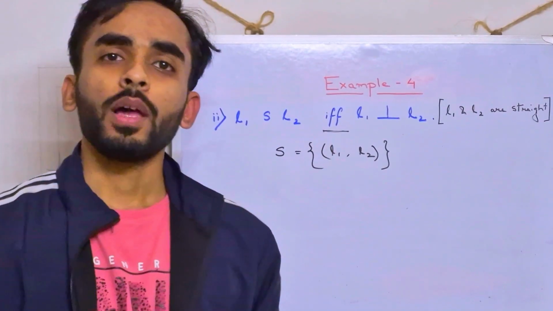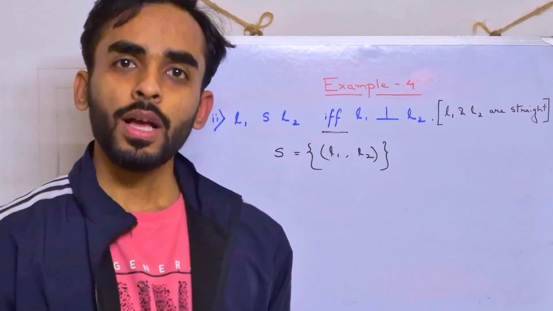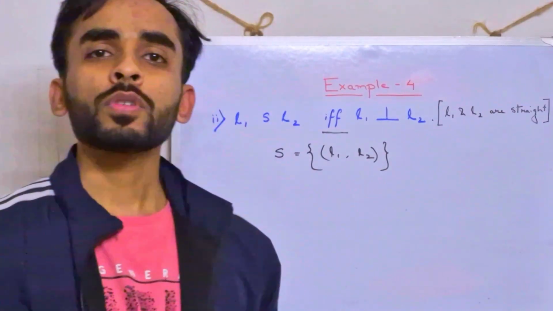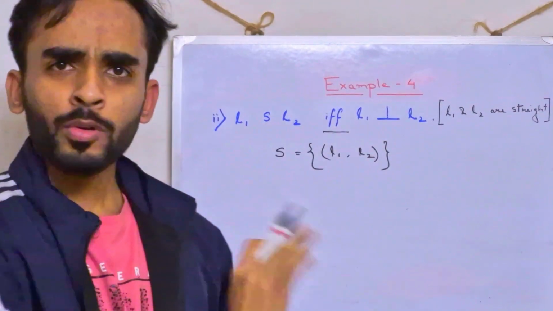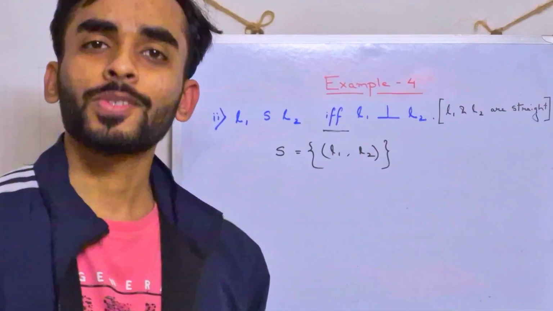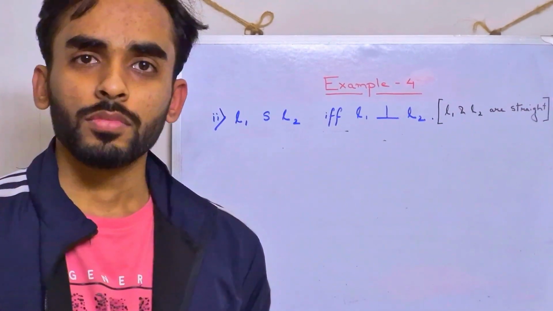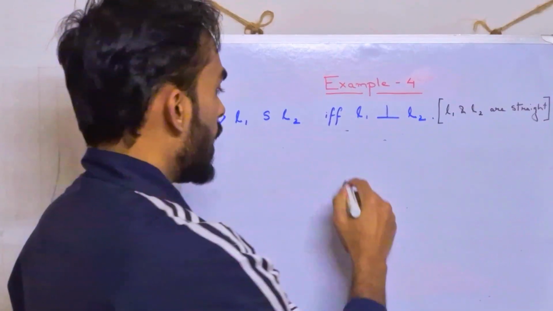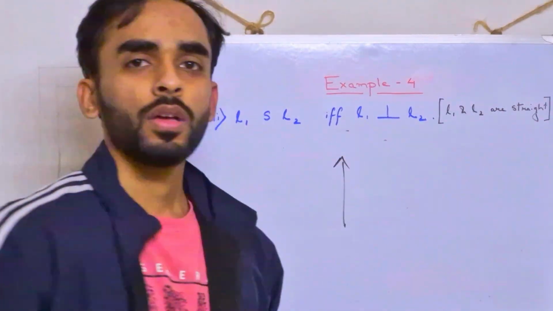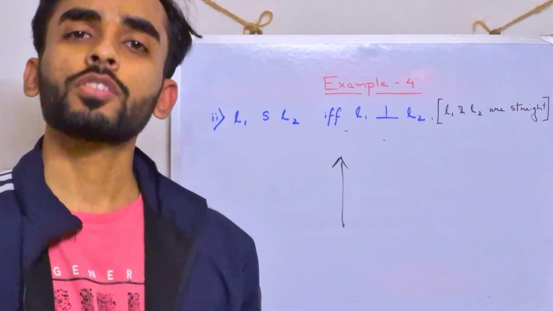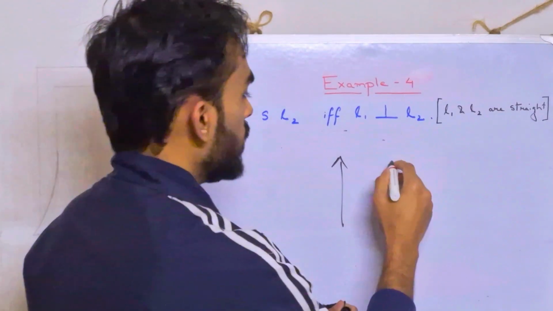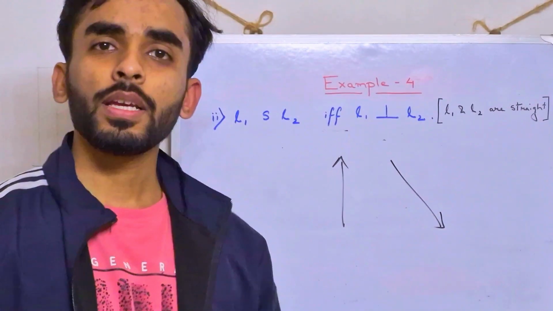Okay? Now, before starting this question, I want to introduce a little bit of a concept. Not about sets, not about relations, about straight lines. If I ask you, draw a straight line, you say, that is very easy. Here, have a straight line. If I say, draw another straight line, you say, well, another straight line.